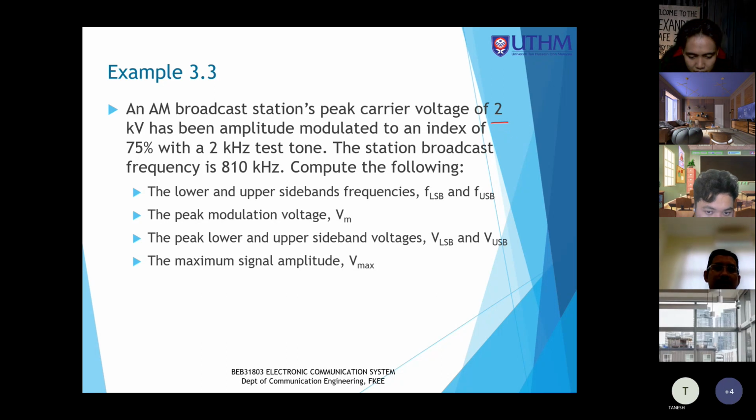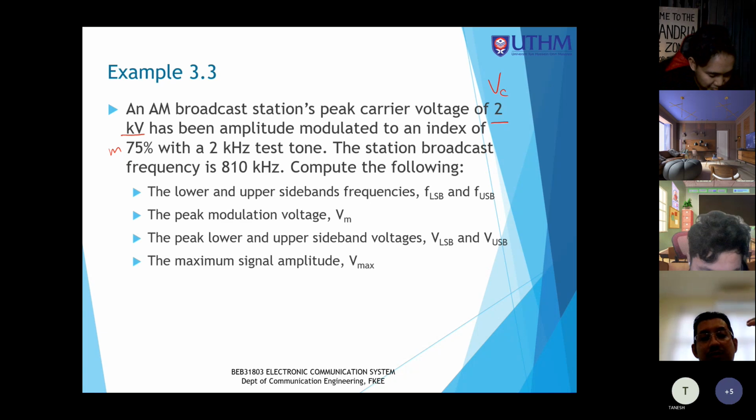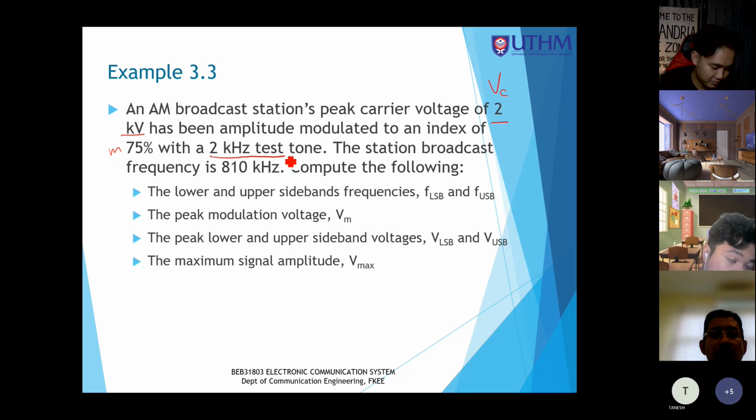So dia dah beritahu dekat sini adalah VC, peak carrier amplitude is 2000 volt, has been amplitude modulated with another signal with the modulation index M sama dengan 75% with a 2 kHz test tone. So dia kata carrier signal ini telah dimodulatkan dengan 2 kHz test tone.